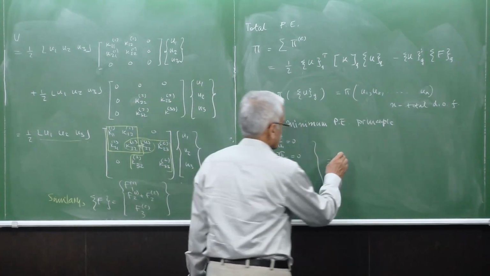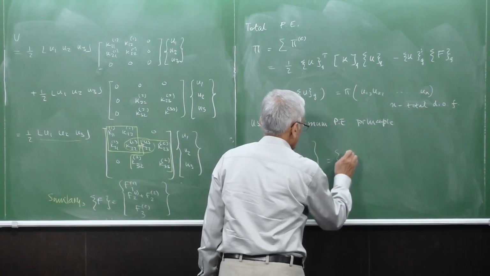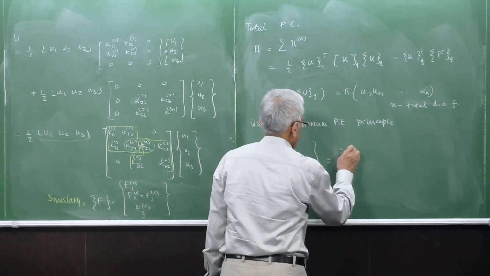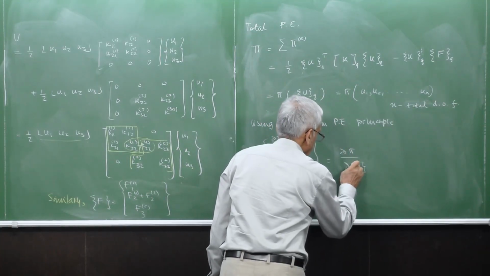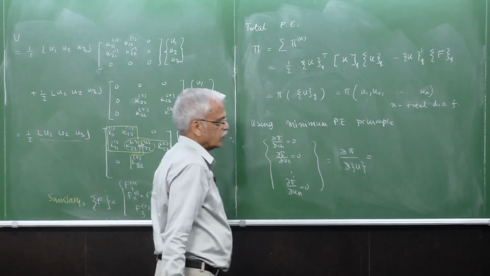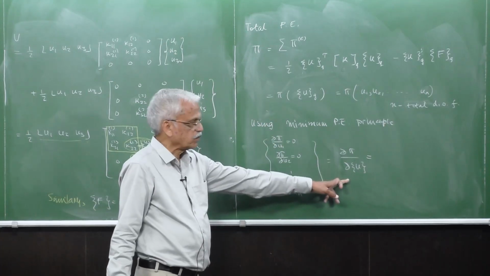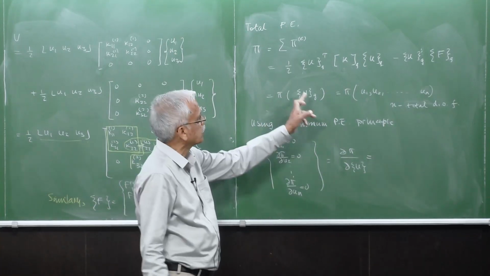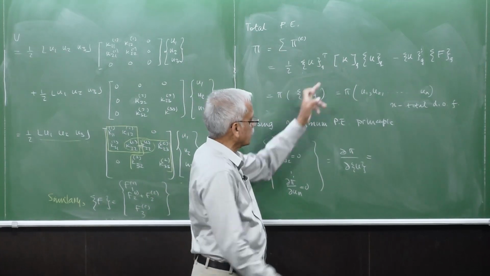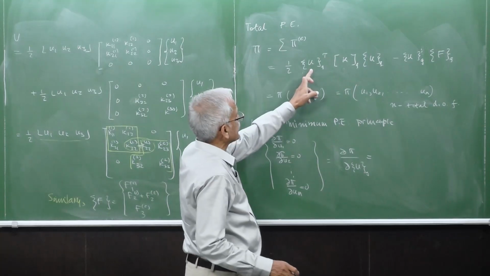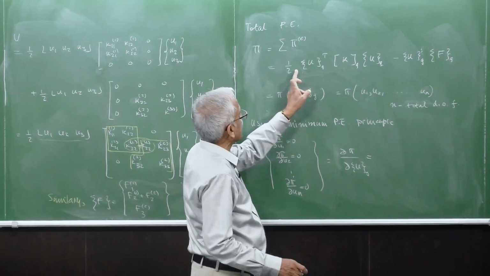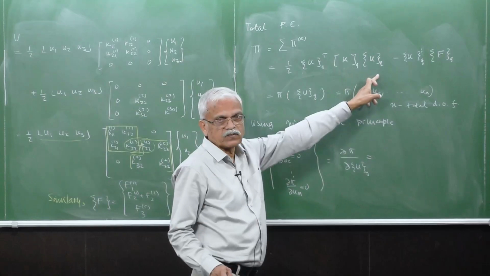And you can also write it concisely. The potential energy has to be differentiated with the vector u. In fact, you can put g here.